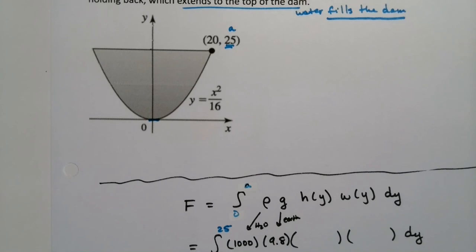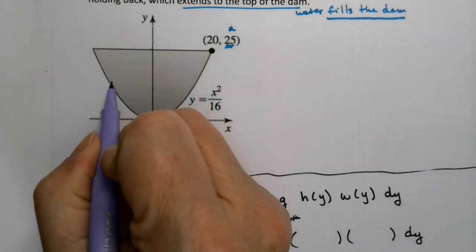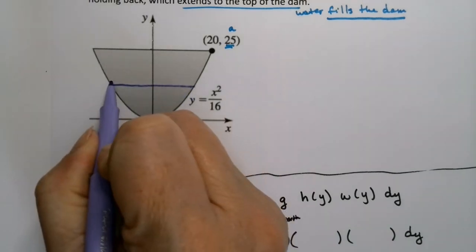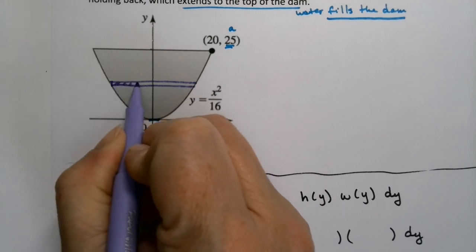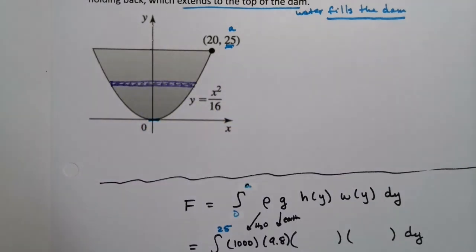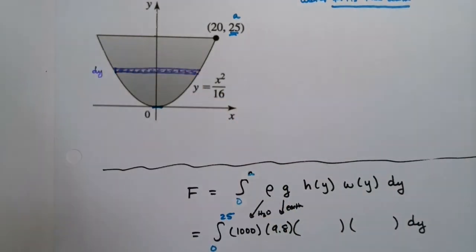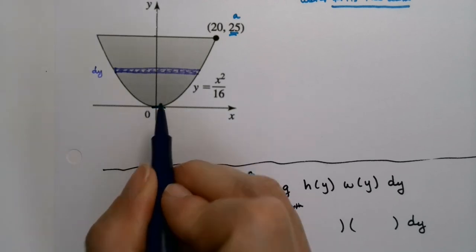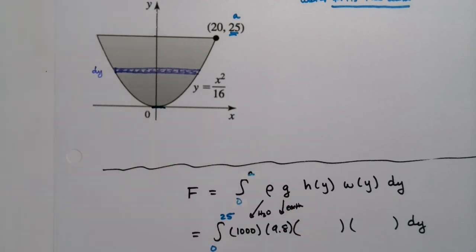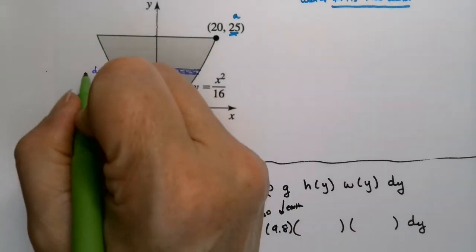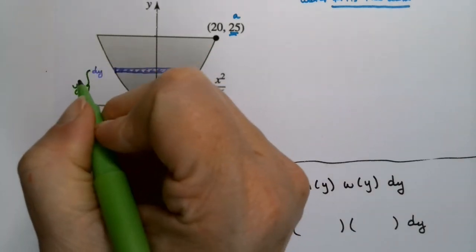So let me take a little wedge here of my dam. So pretend, just look at that strip along the dam. We're going to figure out the pressure on that strip, and then we're just going to add up all the strips. Okay, so that strip, of course, is dy. That's why it was dy. And then I know that if this is the bottom of the dam here, this is a height of y.